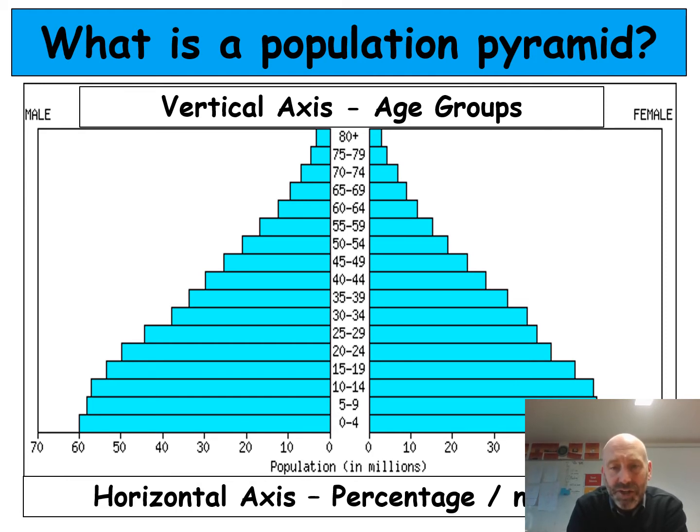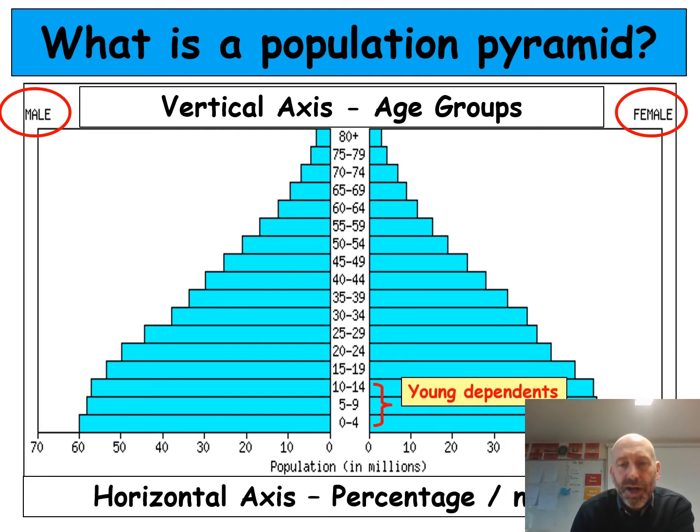On this one, it's shown in population in millions, but often it can be the percentage of the population in that age range. You will normally have one gender on one side and one on the other, male normally on the left, female on the right.